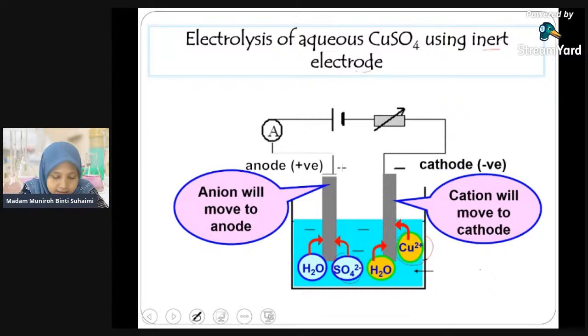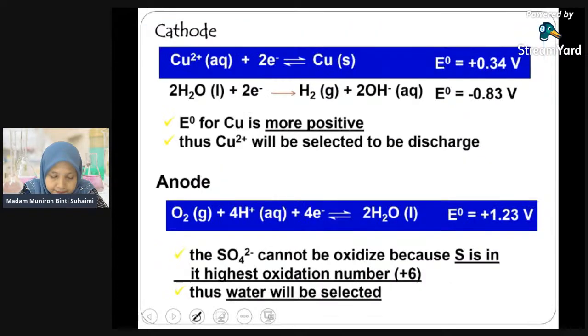Which one will be selected? Copper and water molecule.